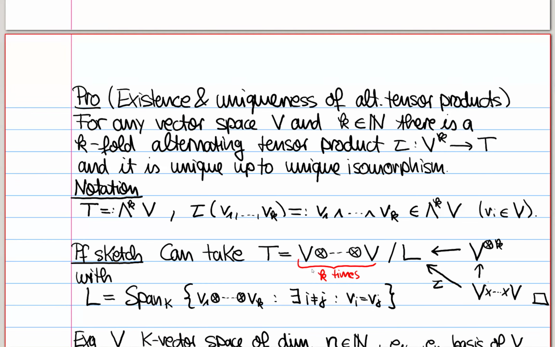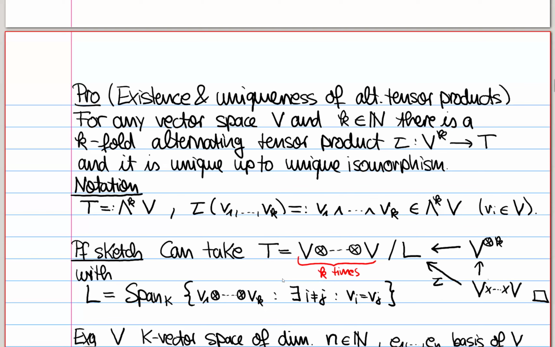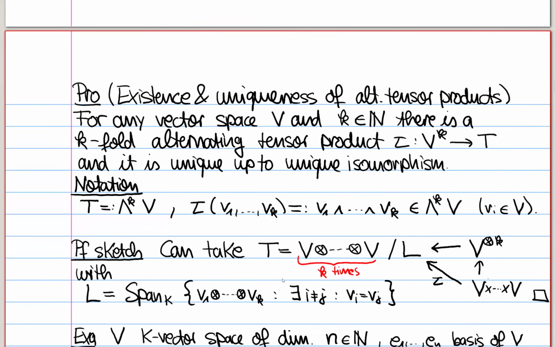So it is one alternating map, and you can check that any other map must factor through it. This is then the uniqueness part. Anyway, we don't go into details. For now, we just take this for granted.